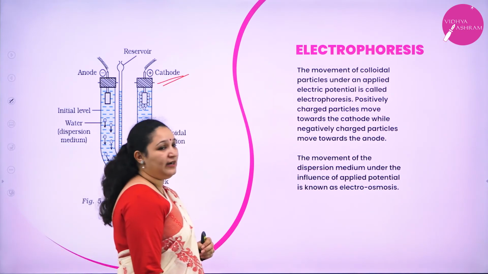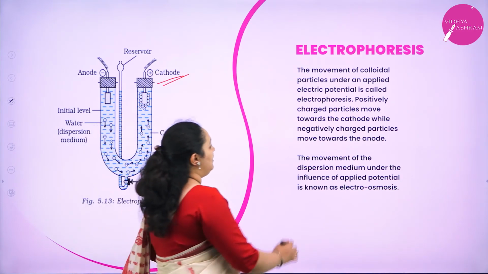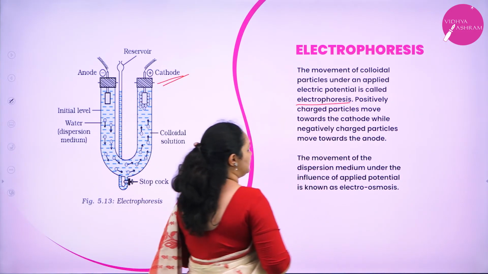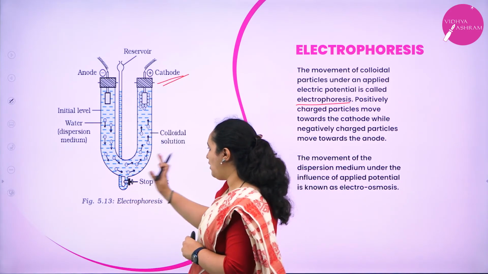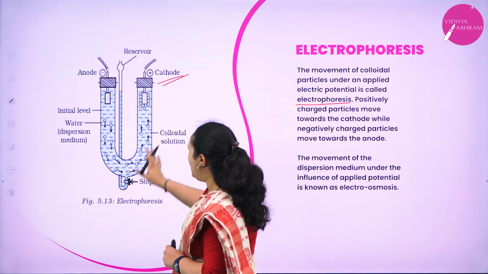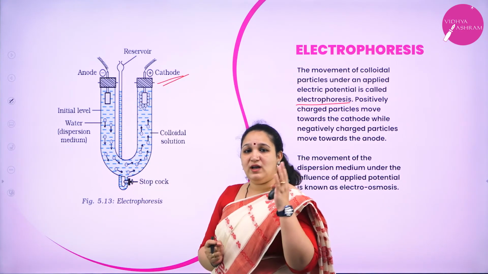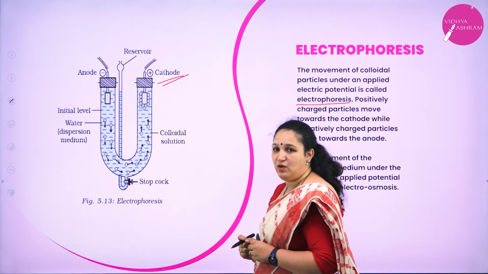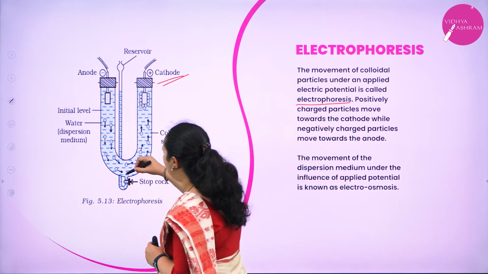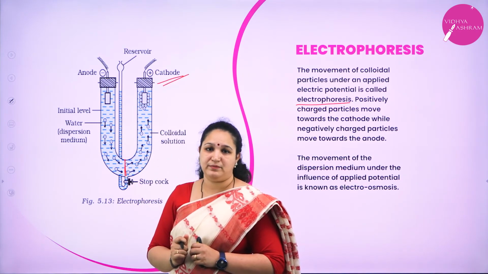The movement of colloidal particles under applied electric potential is called electrophoresis. If the colloidal particle is positively charged, it will move towards anode. If it is negatively charged, it will move towards cathode. Now there is one more concept called electroosmosis. Okay. For example, here I have placed a semi-permeable membrane.